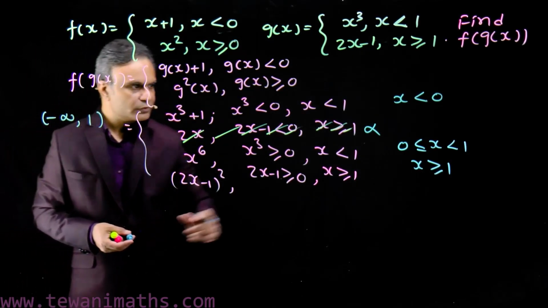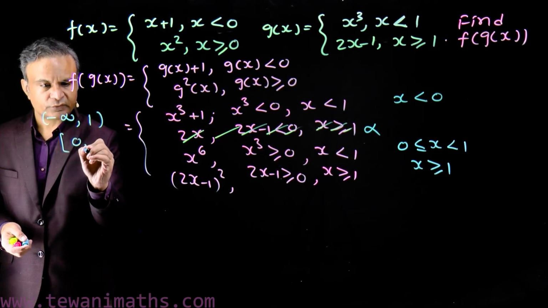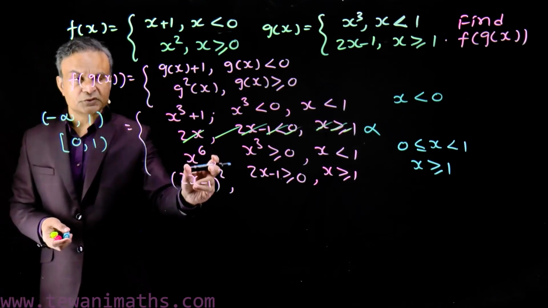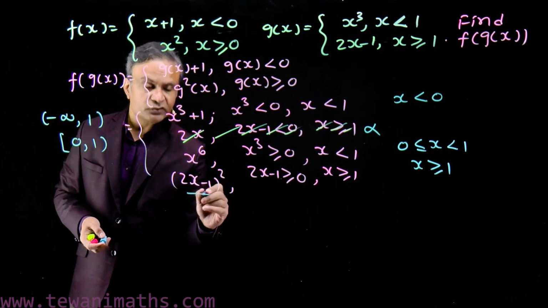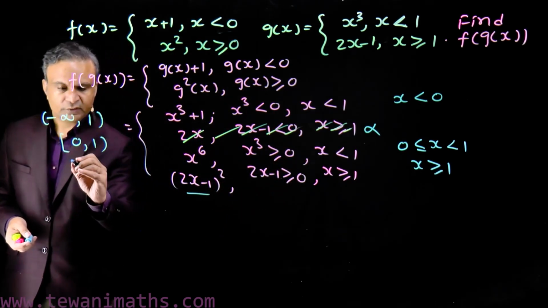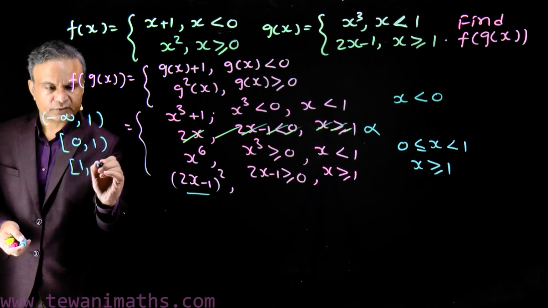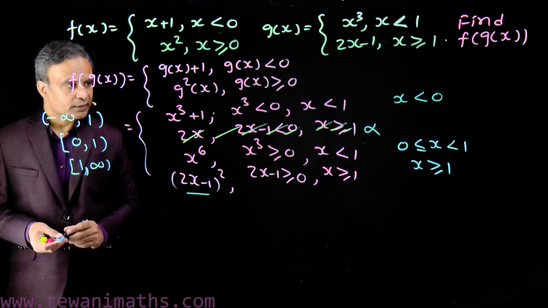For these values of x, x power 6 will lie in closed interval 0 to 1. This is the range of this branch function. And for x greater than or equal to 1, 2x minus 1 will be greater than or equal to 1. So its square values will lie in closed interval 1 to infinity. So this is the range of this branch function.